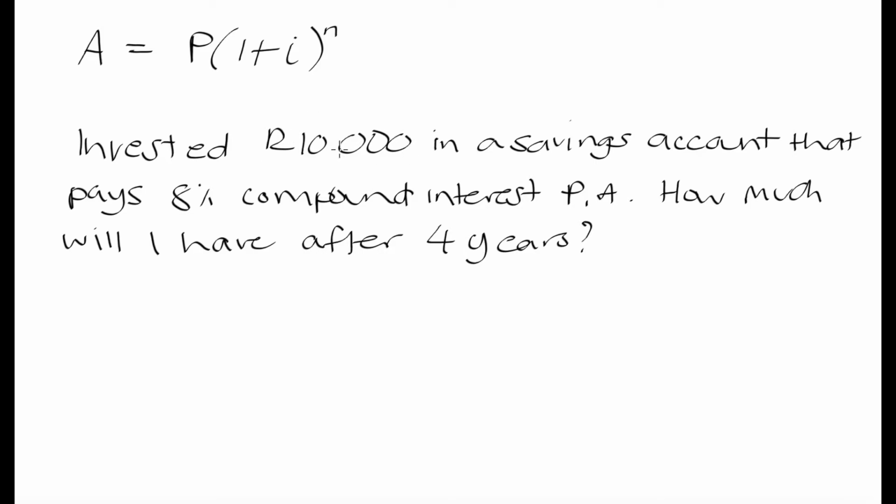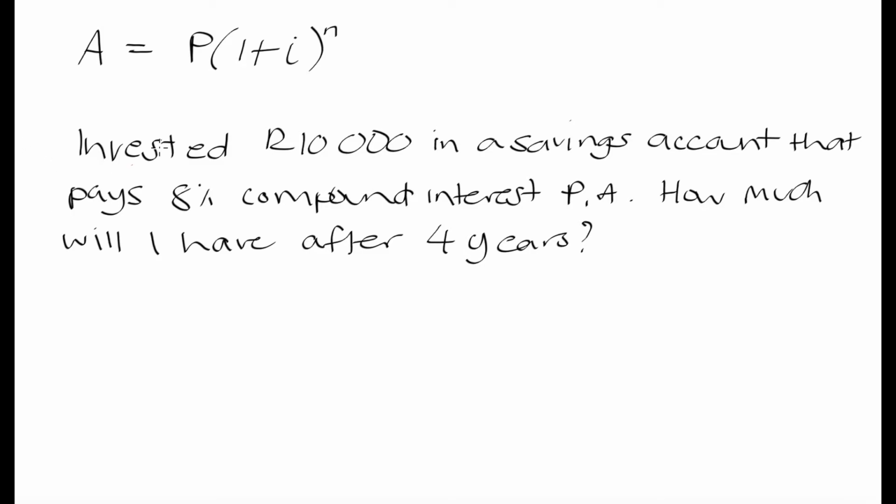That is going to be the principal amount. That is the initial amount that is going to be invested into this special savings account that is going to pay compound interest at an 8% interest rate per year. And the question is asking how much you are going to have in that account after 4 years of earning 8% compound interest per year.